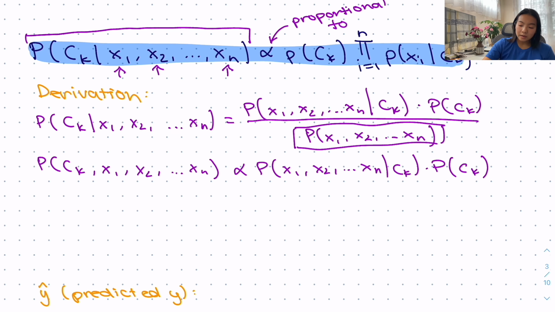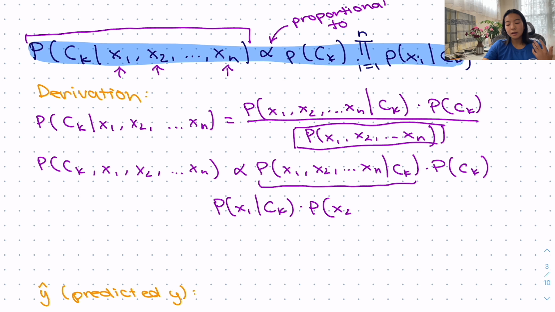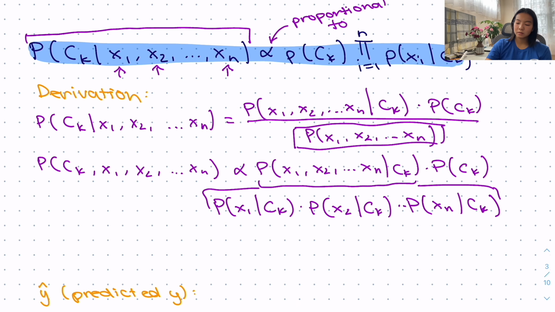So that means that I can actually write this part of the equation here as this. Each term in here, I can just multiply all of them together. So the probability of the first feature, given that it's class K, times the probability of the second feature, given that it's class K, all the way up until the nth feature, given that it's class K. So this expands to all of this, all right?